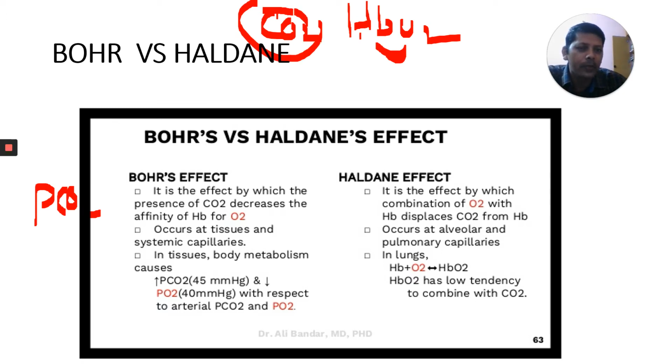This Bohr effect occurs at tissues and systemic capillaries. In tissues, metabolism causes high PCO2, because respiration takes place in the tissue. That means 45 mmHg, whereas in the lungs it is 40. And PO2 is low in tissues because tissue cells utilize oxygen, whereas in the lungs PO2 is 104.